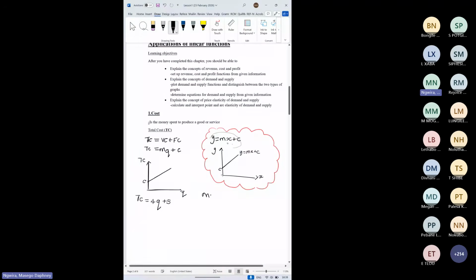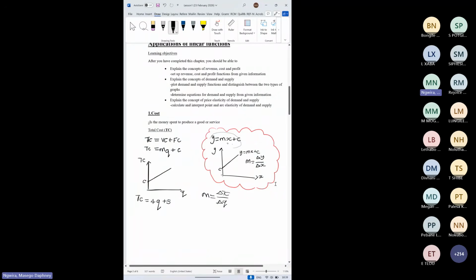But for this one it is going to be the change in TC over the change in Q. So it means that now we'll be able to see how a total cost changes as the quantity changes.